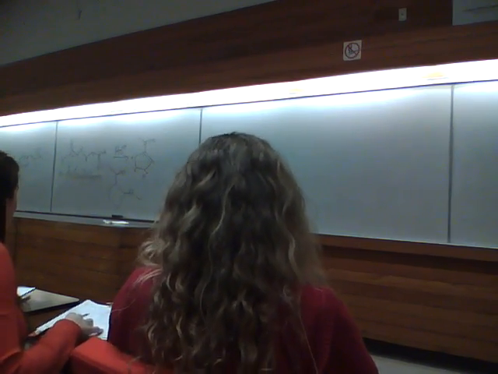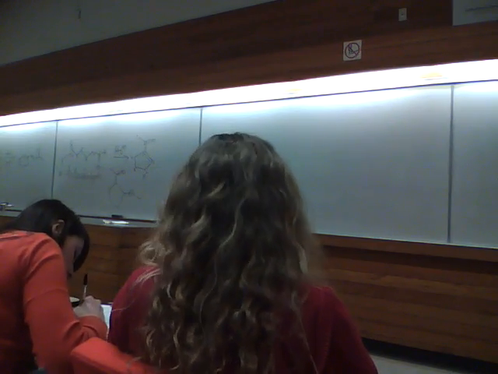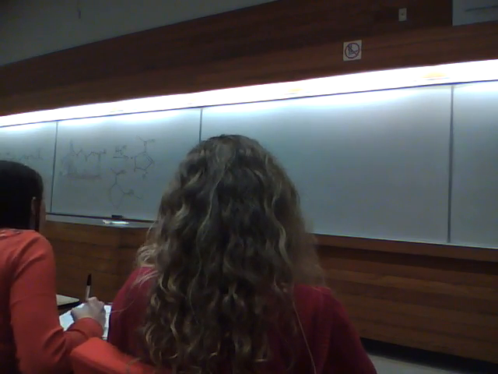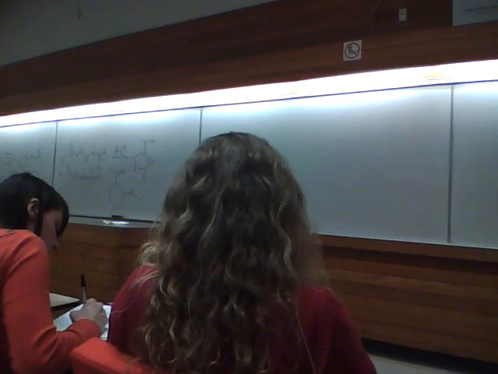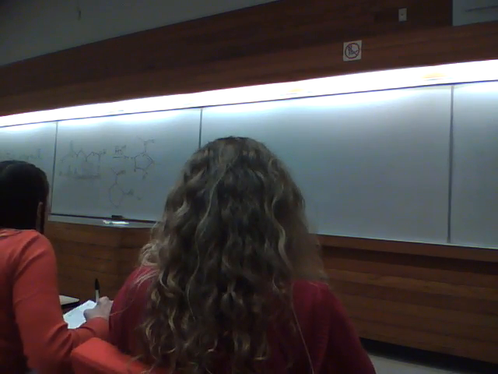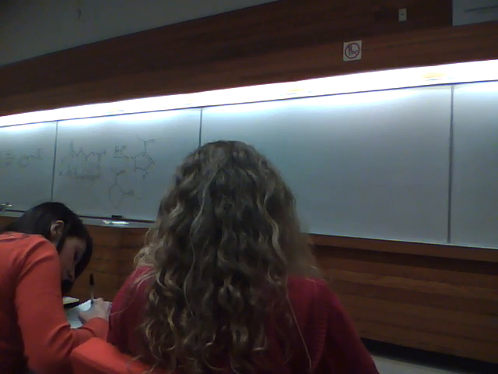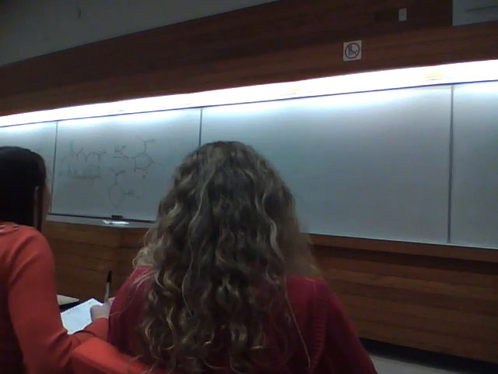So the formation of a 5-membered ring in this case is the fastest process, and you can get a very nice yield of the cyclized material. So this is a way of making rings.